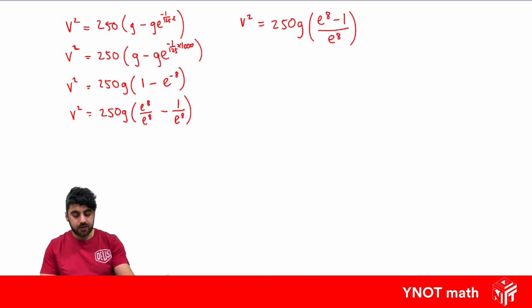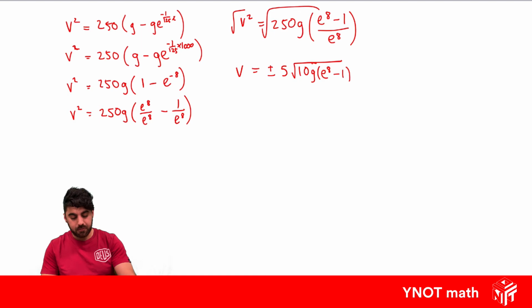And finally we can square root both sides, and we'll get v equals plus or minus root 250, which can be written as 5 root 10, and we'll include the g in the root, and we'll include the numerator in the root, e to the 8 minus 1, but then the denominator we can write as e to the 4, since we've got e to the 8 all to the half.